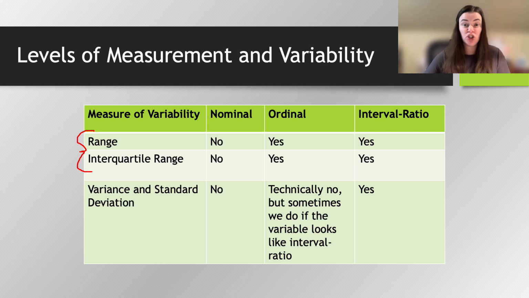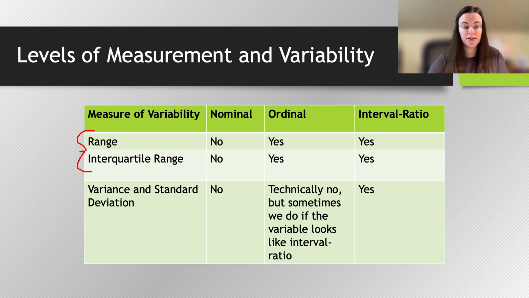Again, they're ones that don't have a numerical attachment to them. They're oftentimes yes/no questions, or we did an example about whether you're a cat or a dog person. And so there's not a way for us to calculate a range or an IQR with non-numeric values. But you can do that for both ordinal and interval ratio level variables.